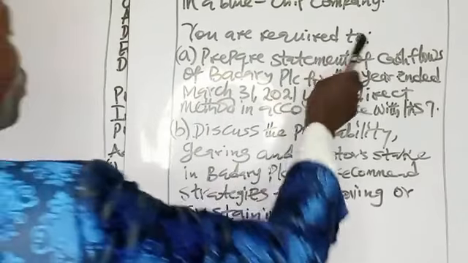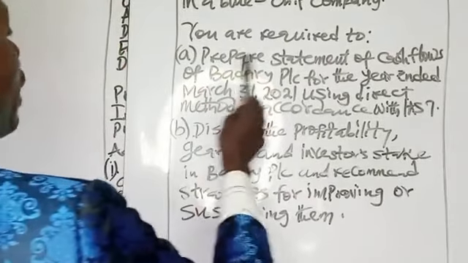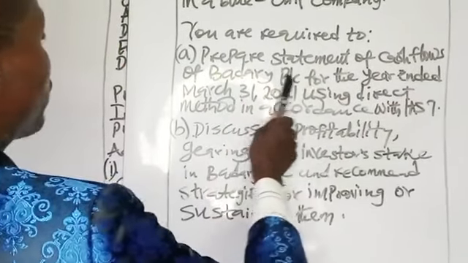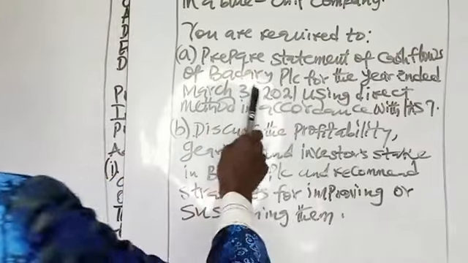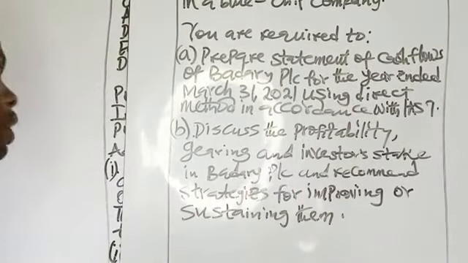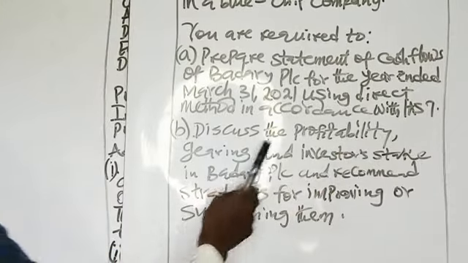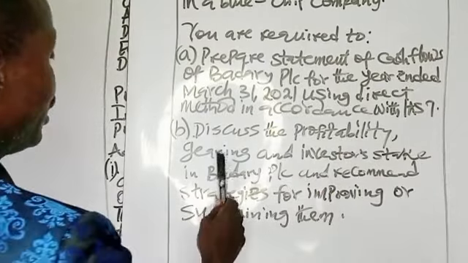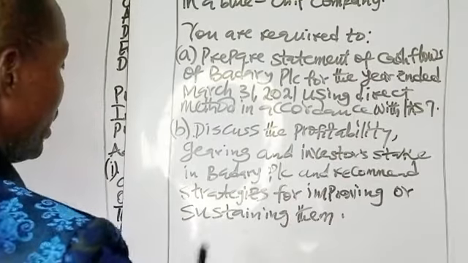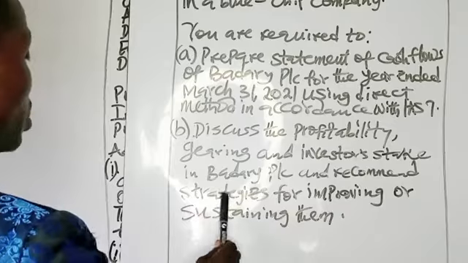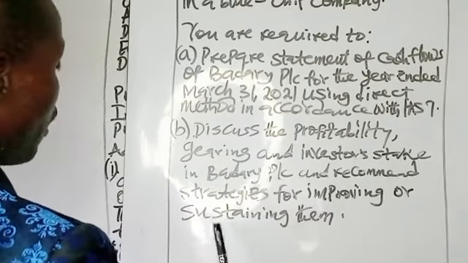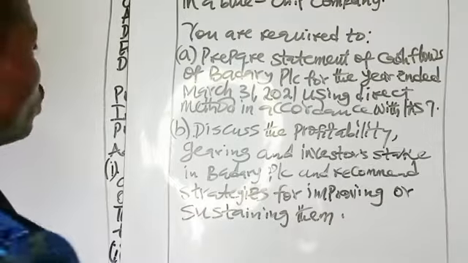You are required to: A. Prepare statement of cash flows of Badri PLC for the year ended March 31st, 2021 using direct method in accordance with IAS 7. B. Discuss the profitability, gearing and investor stake in Badri PLC and recommend strategies for improving or sustaining them. Now let's have the solution to the question.